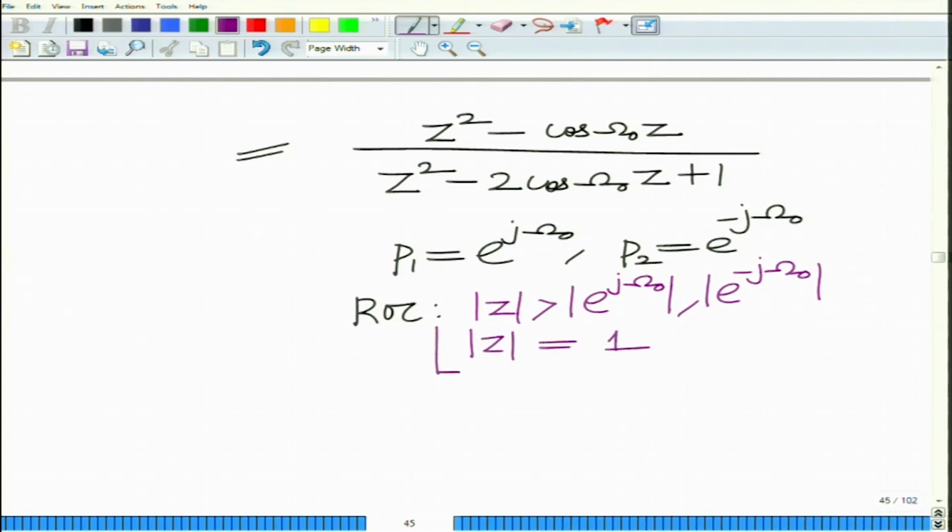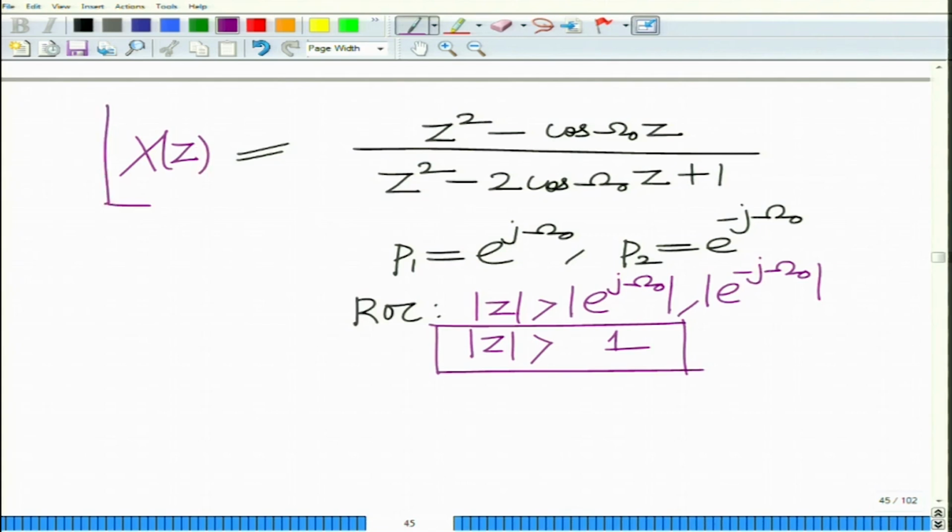So, ROC is magnitude z greater than 1. This is the ROC and this is the Z transform of cosine.